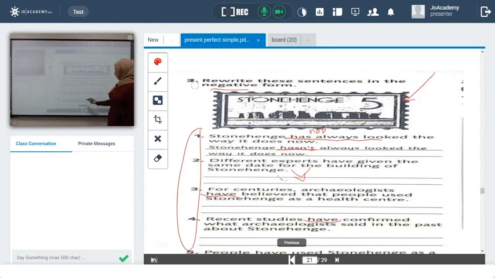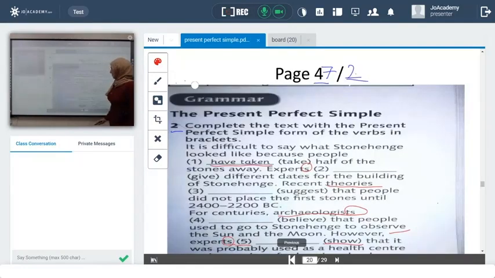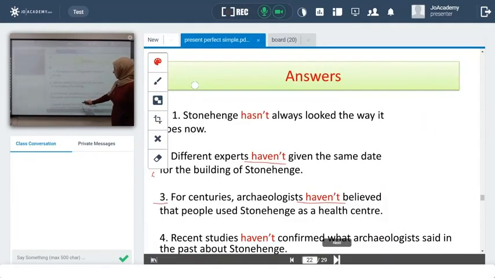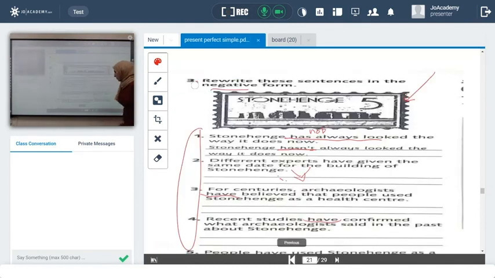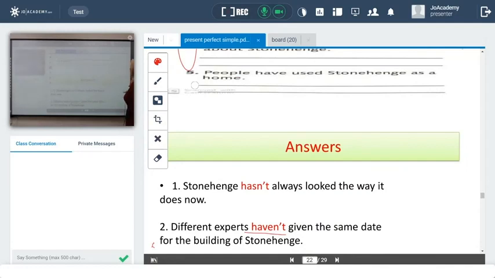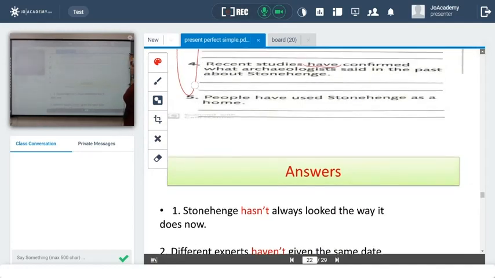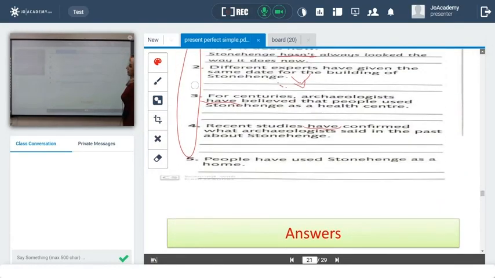The negative form here is: recent studies haven't confirmed what archaeologists said in the past about Stonehenge. And the last sentence is: people have used Stonehenge as a home.